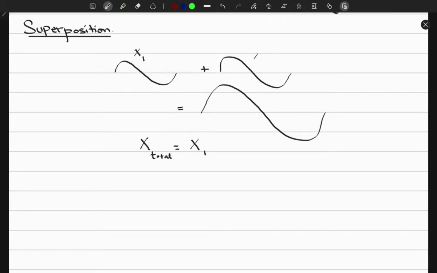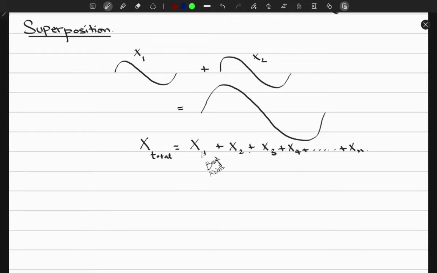If this was x1 and this was x2, then this would simply be x1 plus x2. Now this principle is valid for more than two waves. In fact, you can add up to n waves, so any number of waves. So this could go to x3 plus x4 and up to some random xn.